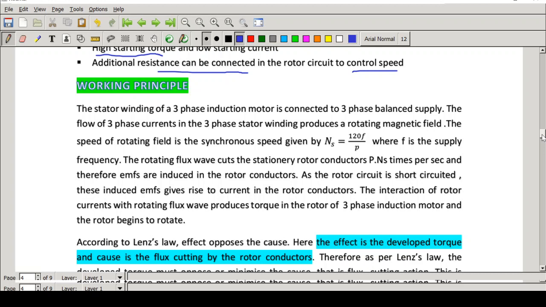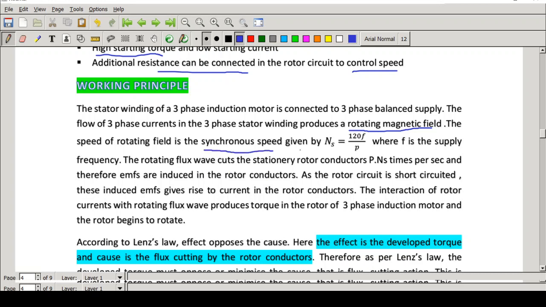The interaction of the fluxes generated by the currents in the R phase, Y phase, and blue phase will produce a rotating magnetic field. That is very important. The speed at which this magnetic field rotates, we call the synchronous speed.